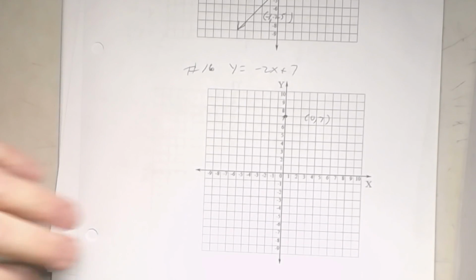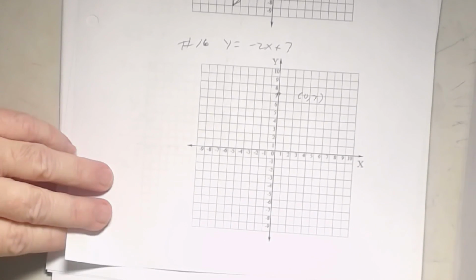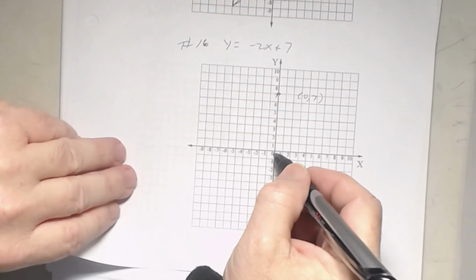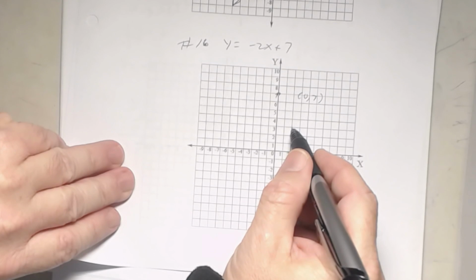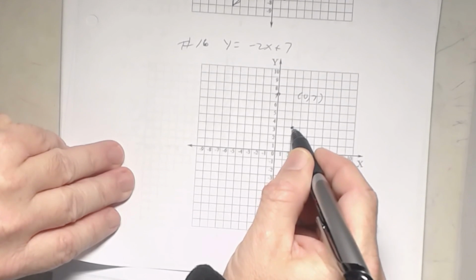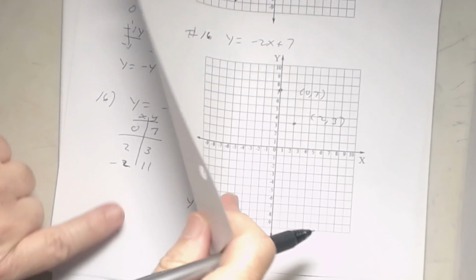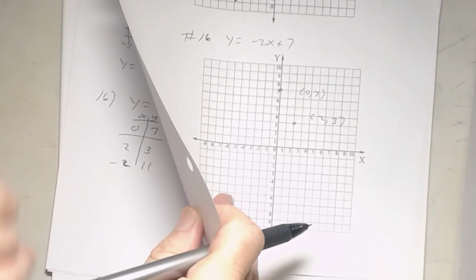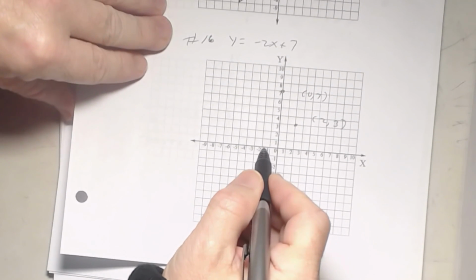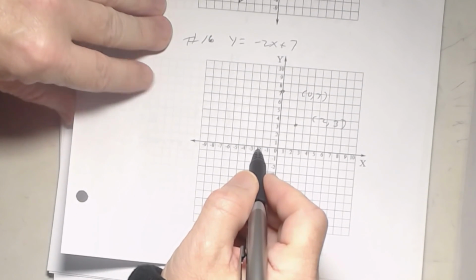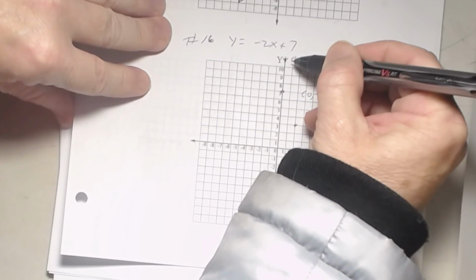So there's the point 0, 7. Okay, the next solution was 2, 3. So I start at the origin. I go which way? Right 2, and then what? Up 3. So there's the point 2, 3. And then the next one is -2, 11. So I start at the origin. I go which way? Left 2, and then up 11. So I have to estimate. So let's say this is 11 right here.